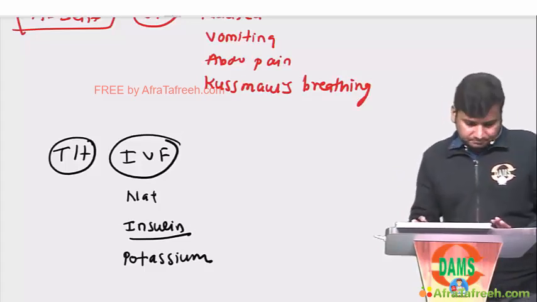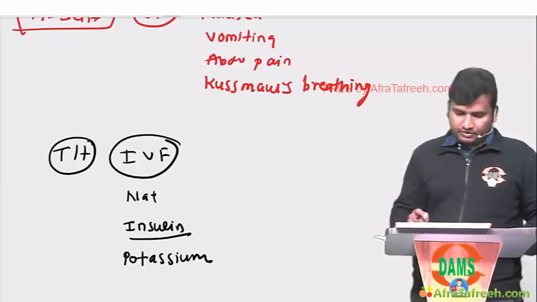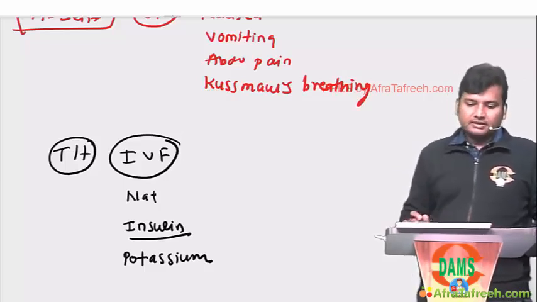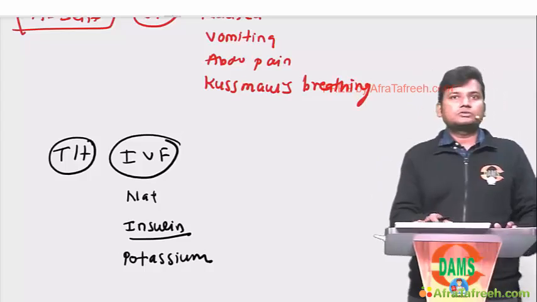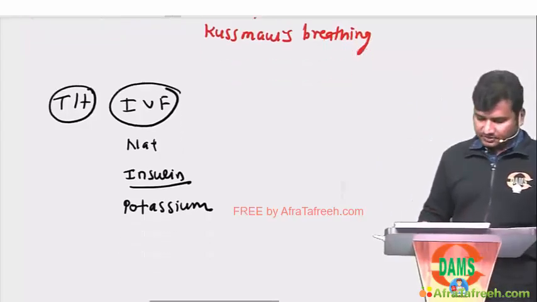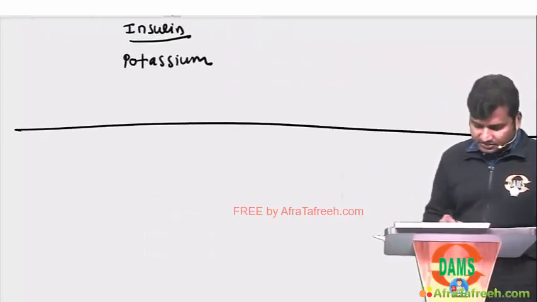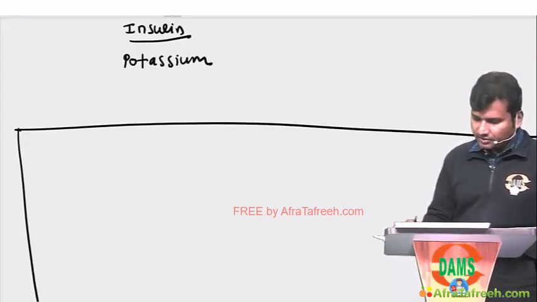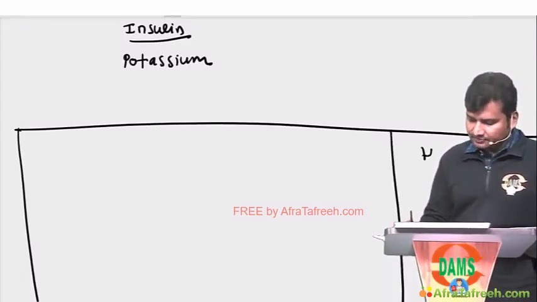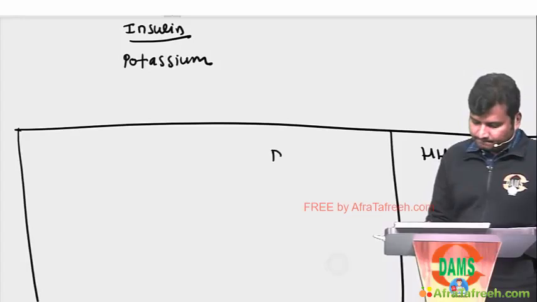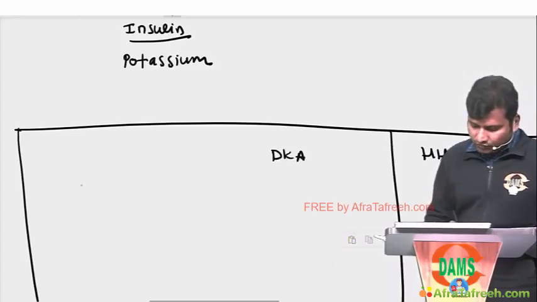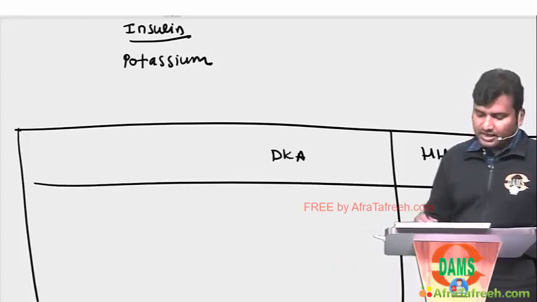Okay, now we have to differentiate diabetic ketoacidosis from HHS. So we will write the differentiating points of diabetic ketoacidosis and HHS. Now we are writing a table from Harrison.